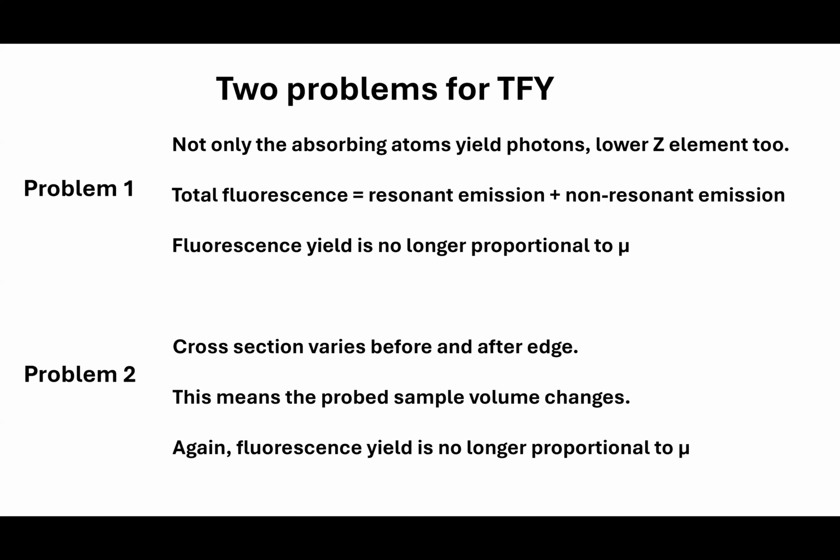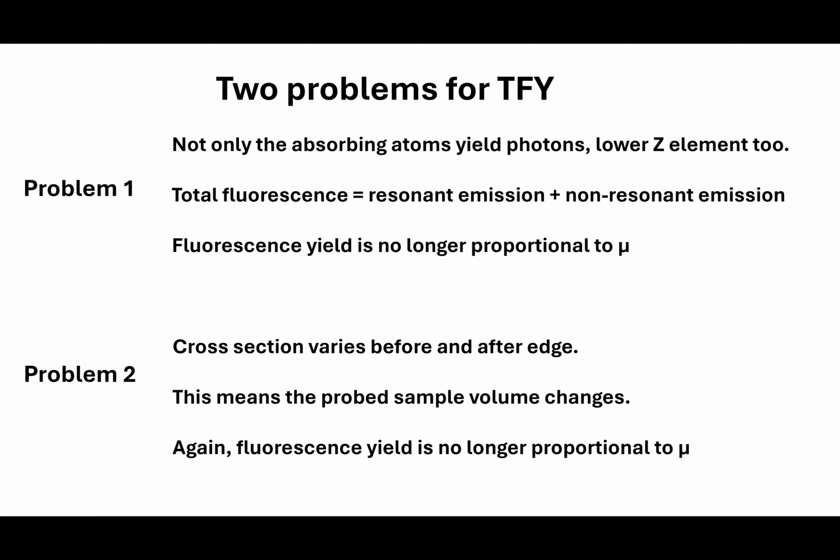But when the energy comes to the proximity of the absorption edge, then we have a very large cross section, and the absorption coefficient is also pretty large. The result is that we now have a limited volume of the sample. Are we on the same page about this?